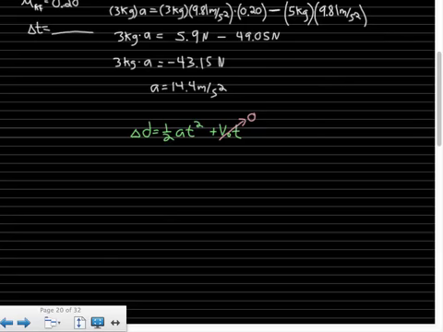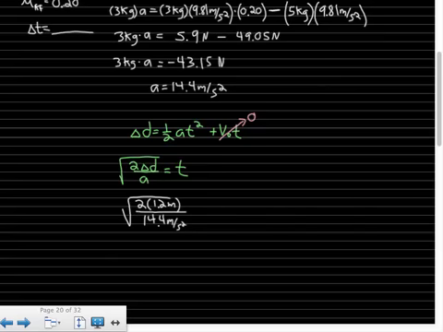We can bring the 2 to the other side, bring the a underneath, equals t squared. So we take the square root of both sides. Then you just plug stuff in. The square root of 2 times 1.2 meters divided by an acceleration of 14.4 meters per second squared.